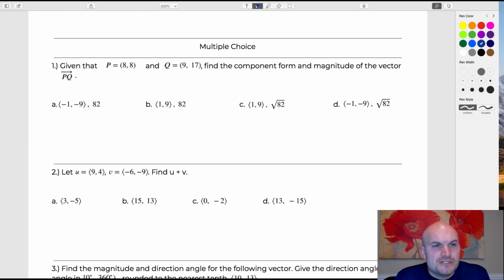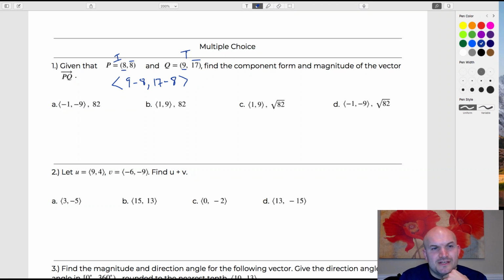Given the initial point P (8, 8) and Q (9, 17), find the component form of the vector P to Q. In this case, I'm going to subtract my components: 9 minus 8 and 17 minus 8. Here is my initial, here is my terminal. You're always subtracting initial from terminal, first components, then second components.